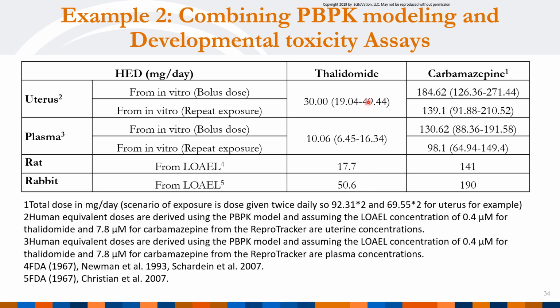And as you can see, the human equivalent dose derived from the in vitro assay are in the same order of magnitude as the in vivo experiments. And it's exactly the same for carbamazepine, especially if you look at the repeat exposure, which is probably more accurate to use as a reproductive study is long term, not acute exposure. So this is really promising.